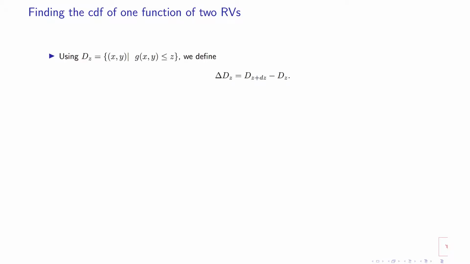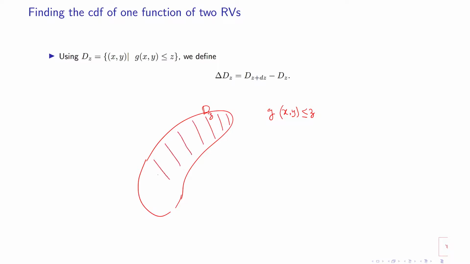Let us consider Dz. Dz is the set of points x and y such that g of x and y is smaller than or equal to z. So inside this set, this inequality is satisfied.